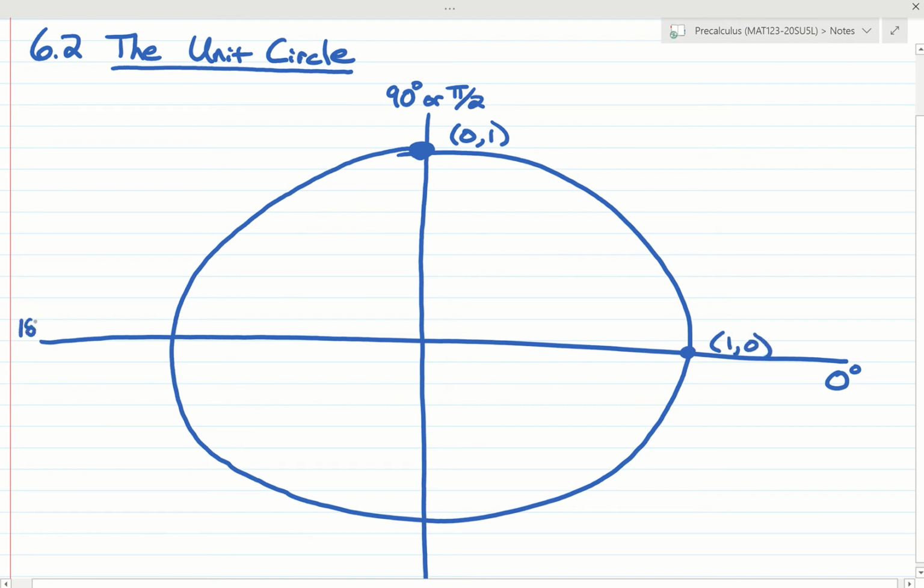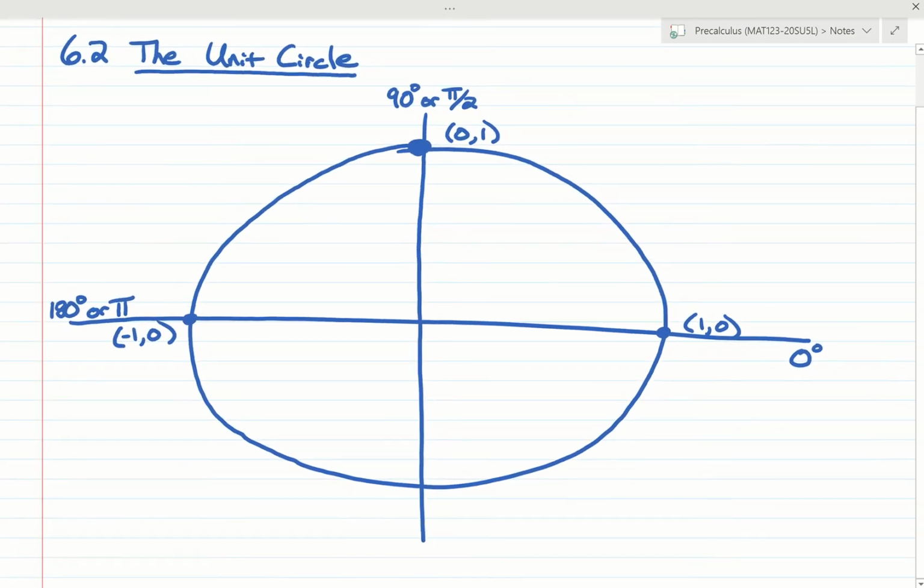180 degrees is over here. Now if 90 is pi over 2, we're going another pi over 2 from 90. So pi over 2 plus pi over 2 is 2 pi over 2, or pi radians, which has the coordinates right here at -1, 0.